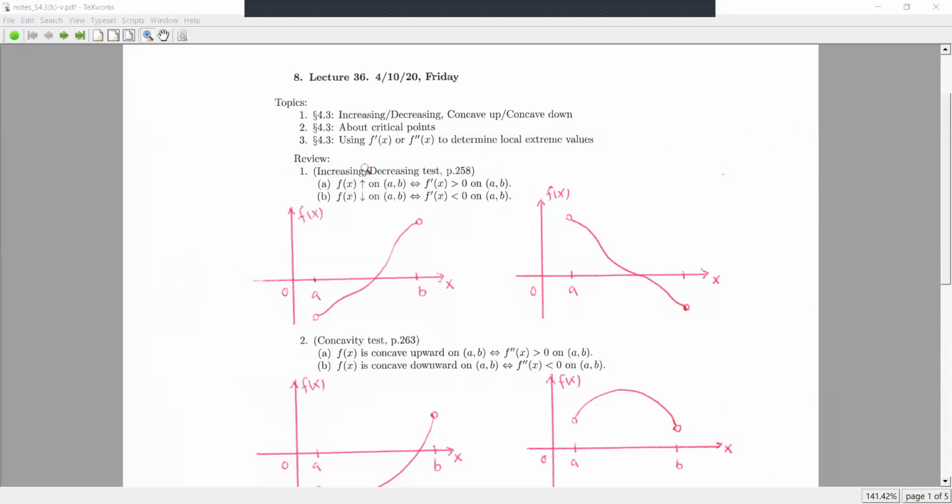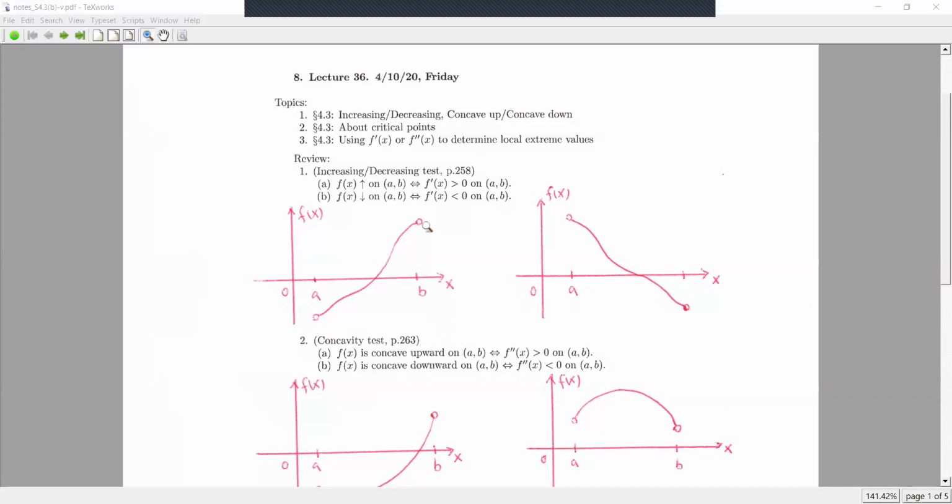Take a review first. Number 1, increasing, decreasing test. A curve is increasing on some interval if and only if the derivative is positive everywhere on the interval. Here, we have an increasing curve.